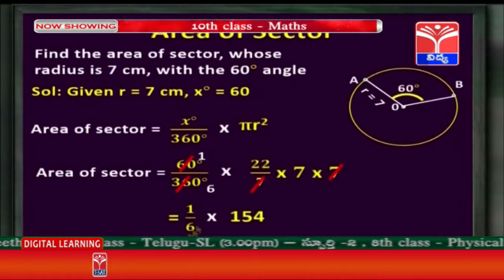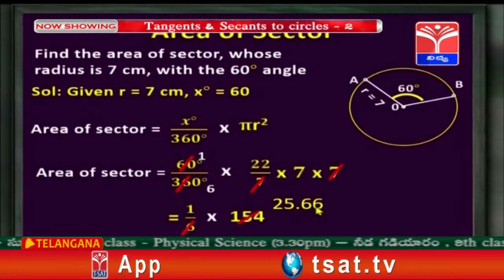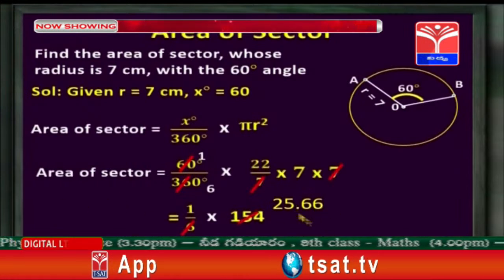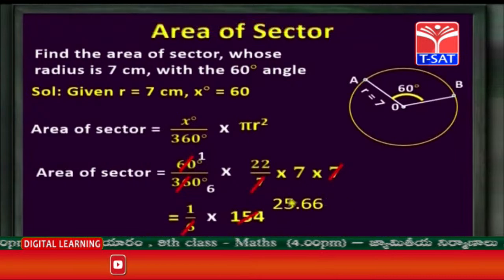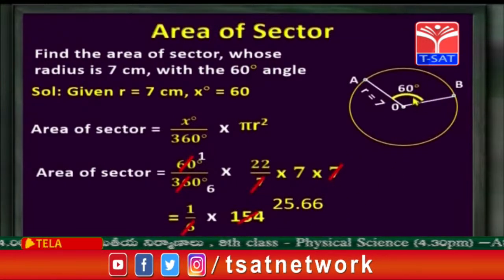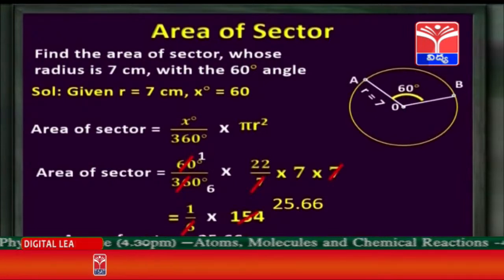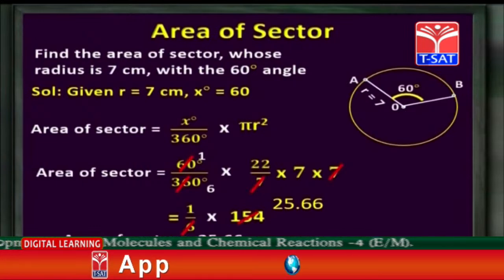If I cancel, 6 ones are 6, 6 twos are 12, 6 fives are 30, it gives 25.666. So that means 25.66 is the area of the sector where the angle between the two radii is 60 degrees. Therefore the area of the sector is equal to 25.66 square centimeter.